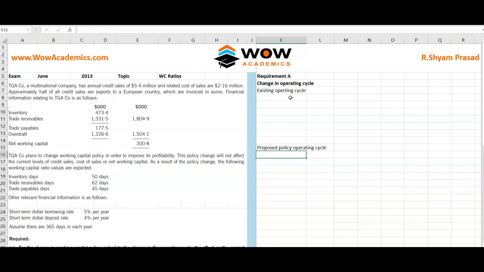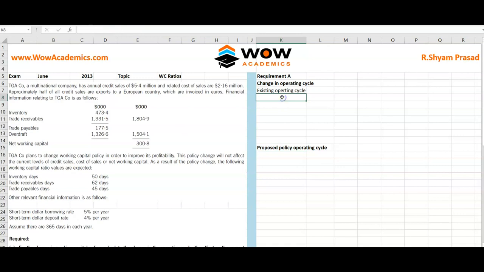So we have to work out two cycles. This information is given for the proposed policy operating cycle, so it is already available and we can quickly compute it. But the current or existing operating cycle has to be calculated with these numbers.